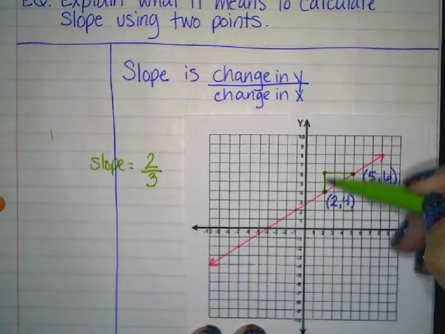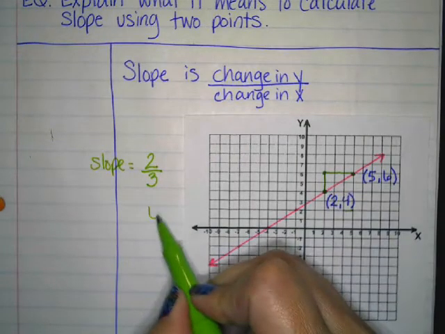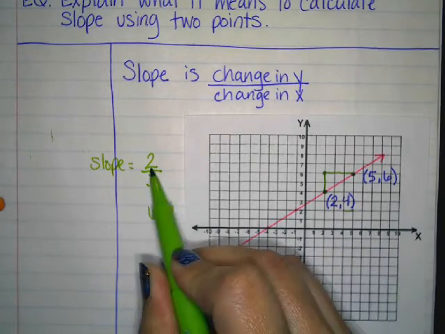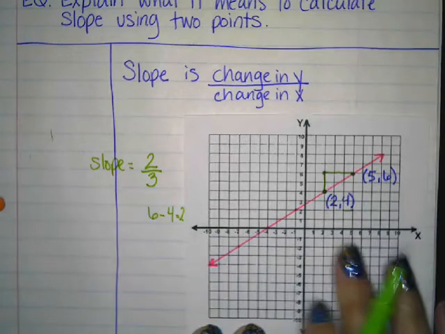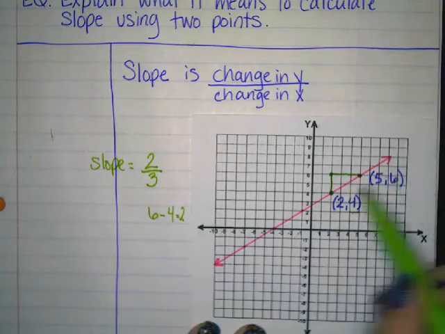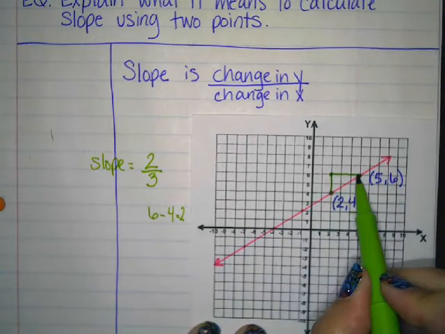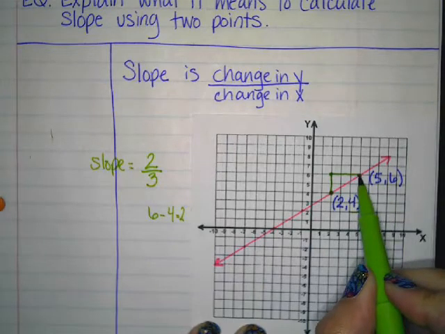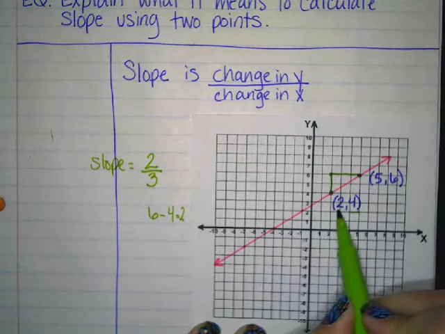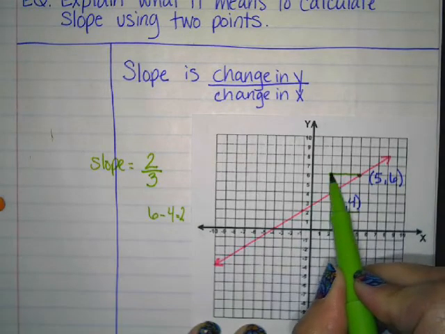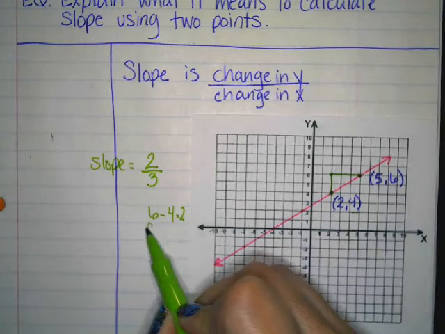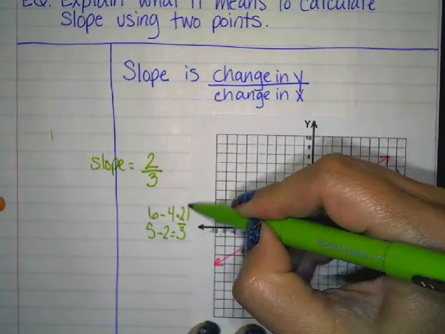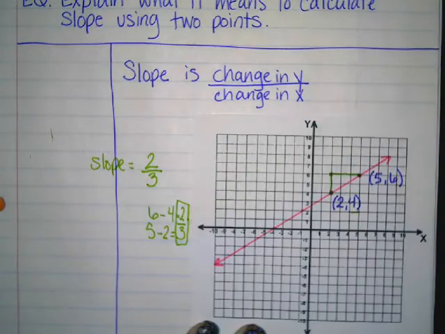We get our 2 that way, because 6 minus 4 equals 2. We also know that we could subtract our x values. We ended up at 5 for our x value, and we started at 2. So 5 minus 2 equals 3. And look at that. It actually gives us our slope by doing the subtraction.